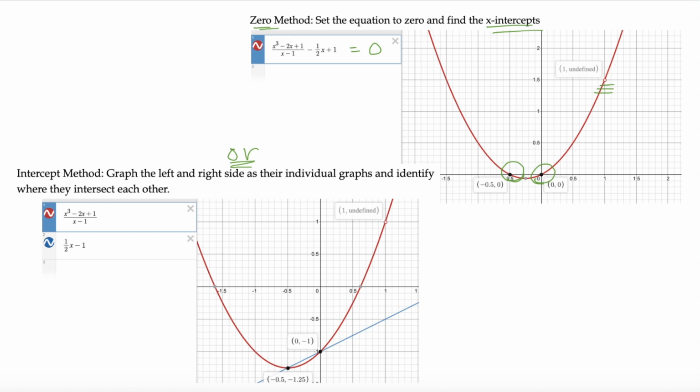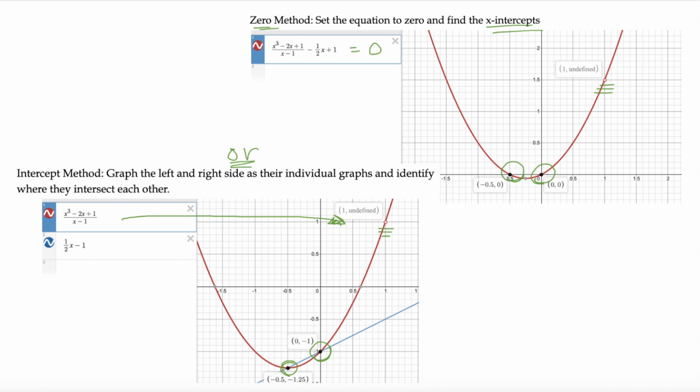Notice they're intersecting each other again at 0 and at negative 1/2. 1 is also still undefined because it is undefined with our red graph. So the quadratic is where it is undefined, so that is why it is undefined on the red line and not undefined on the blue line.